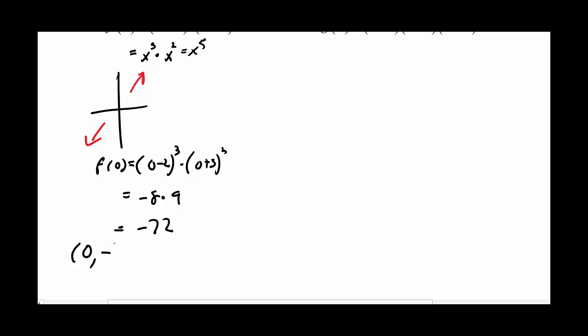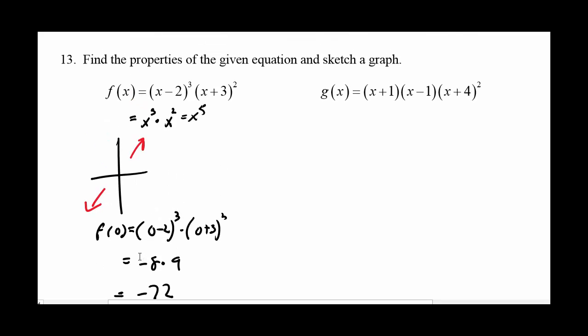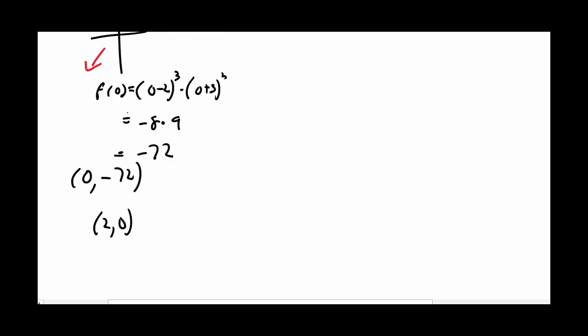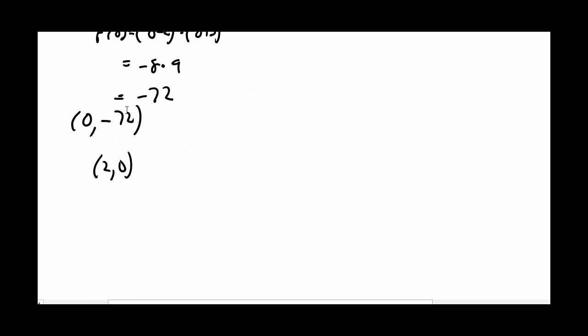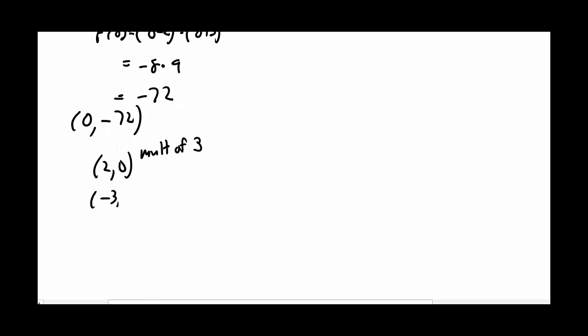So I know there's a point 0, comma negative 72 on the graph. I also know about multiplicity. So here if I look at each of the intercepts, that's x equals 2. So at 2, 0, there's a multiplicity of 3. And at negative 3, 0, there's a multiplicity of 2.